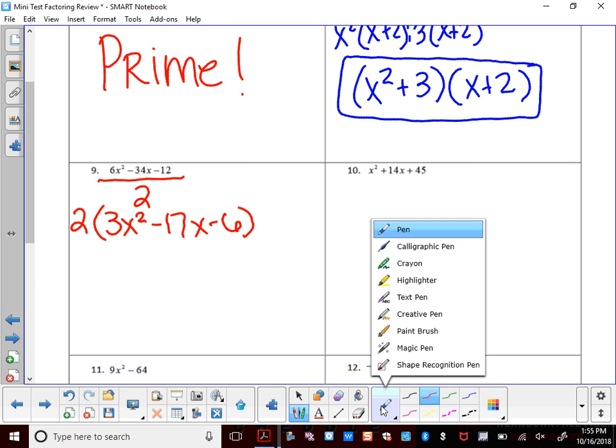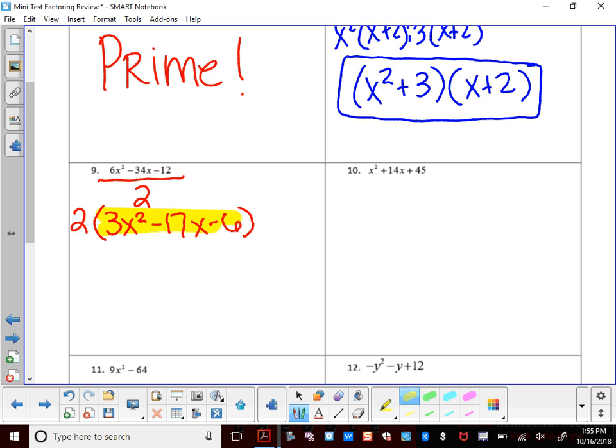So what I want to do is look at that piece right there, the highlighted part. I still have to swing this because this number in front of my x squared is bigger than 1. When I swing, I need 2 numbers that multiply to give me negative 18 and add to give me what?